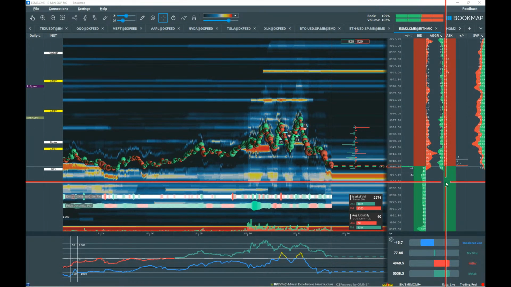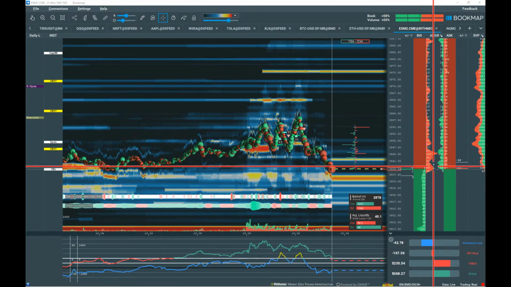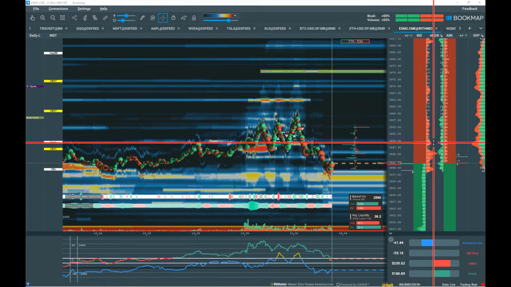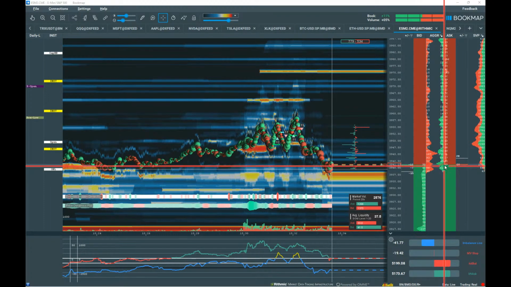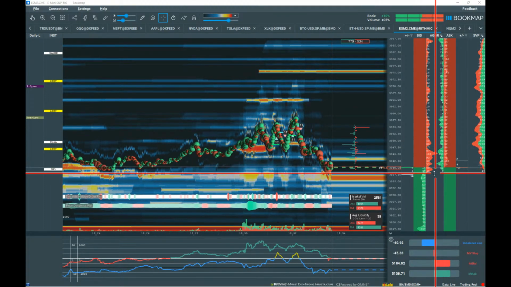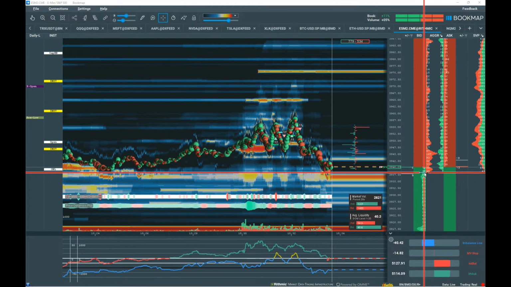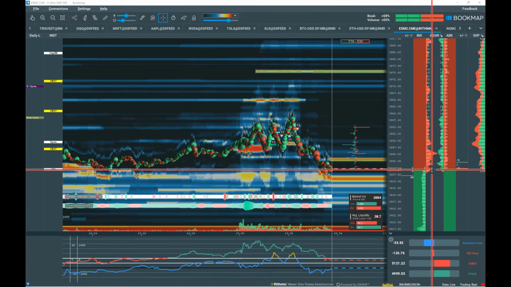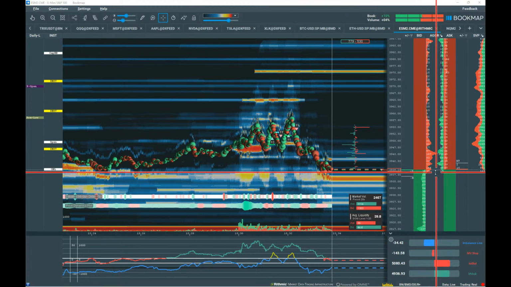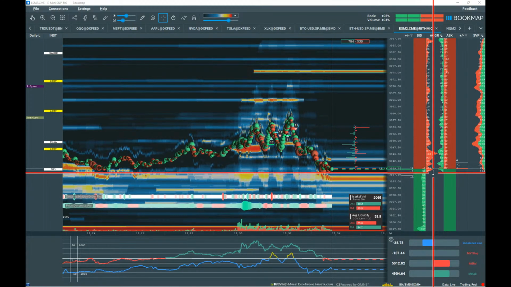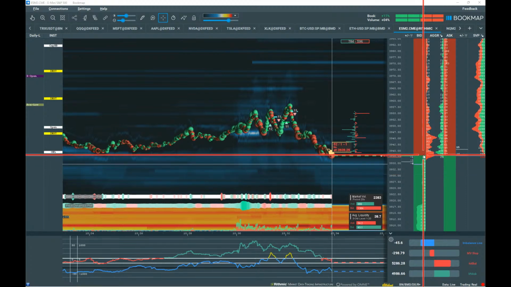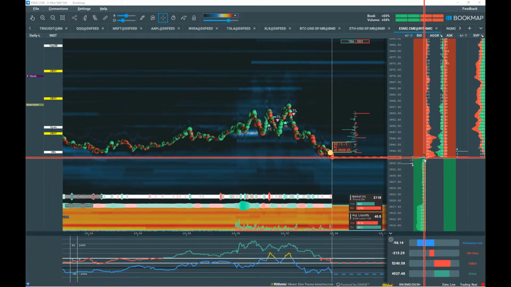That means that these aggressors are simply market buyers and sellers who rush into the market and buy either from ask or sell into bid. So the aggressors, the market participants who come in through the door, are hitting the bid, selling to the bidders.